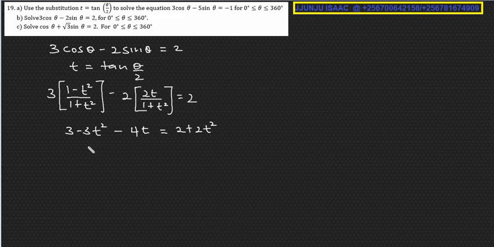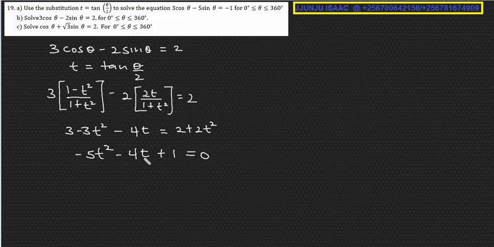I will bring this on the left hand side. We shall get negative 5t squared, and we do have a negative 3 and a negative 4t, then we bring the 2 this side, we get a plus 1 equal to 0.